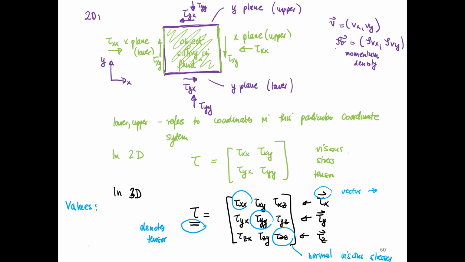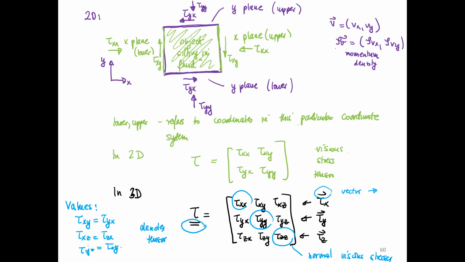But when I look at the value in this matrix, that value is the same, and tau xz is tau zx, and tau yz is tau zy.